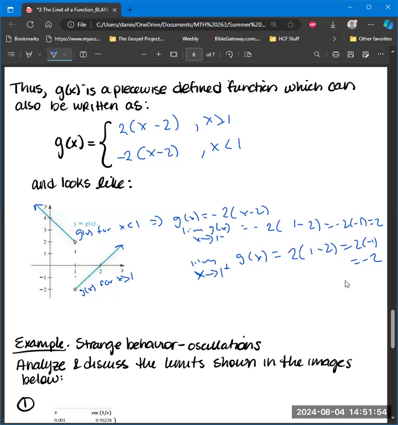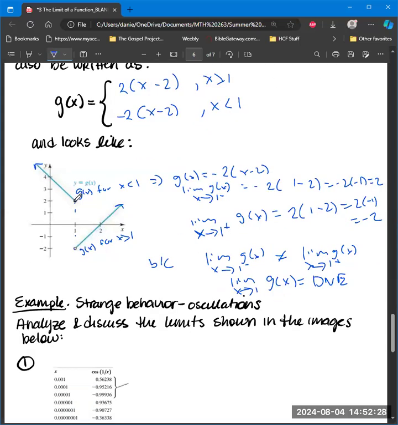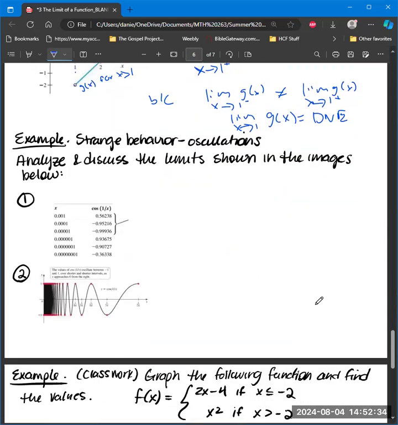So because the limit from the left and the limit from the right are different, because the limit of g of x as x approaches 1 from the left does not equal the limit of g of x as x approaches 1 from the right, the limit as x approaches 1 of g of x does not exist. We don't call it undefined. We say that the limit does not exist. So function values are undefined, like this open circle right here, but this limit does not exist. That's what we say there.